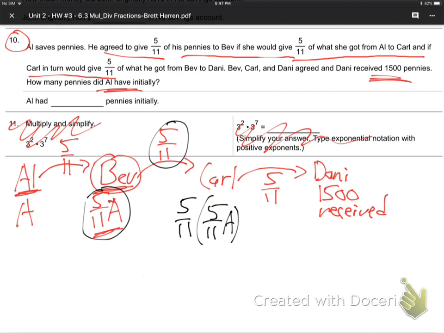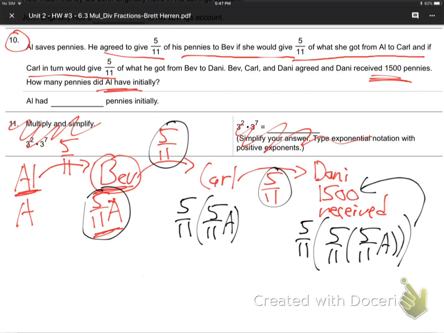Carl received 5/11 of Bev's pennies. And then, next step, Danny is going to receive another 5/11, of 5/11 of 5/11 A. And that is 1,500. So we have an equation equal to 1,500, the number received by Danny.